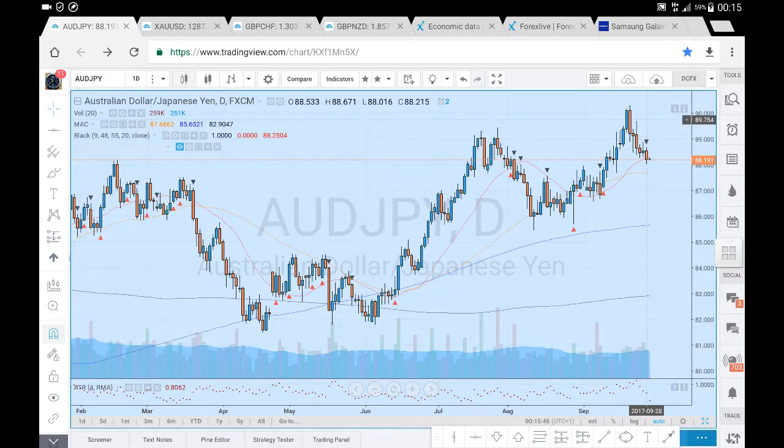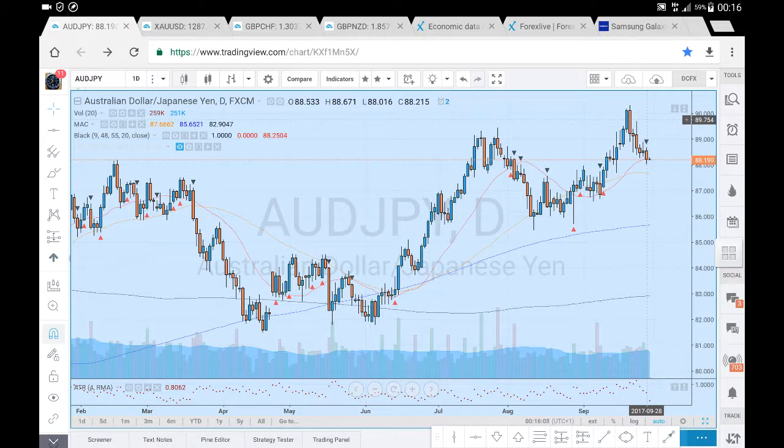The signal was to the short side, and currently we are sitting on the red moving average. Should be a 20 period moving average, with the 50 being so close by as well.